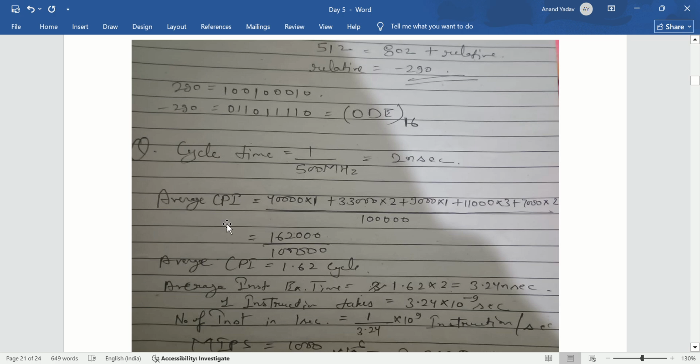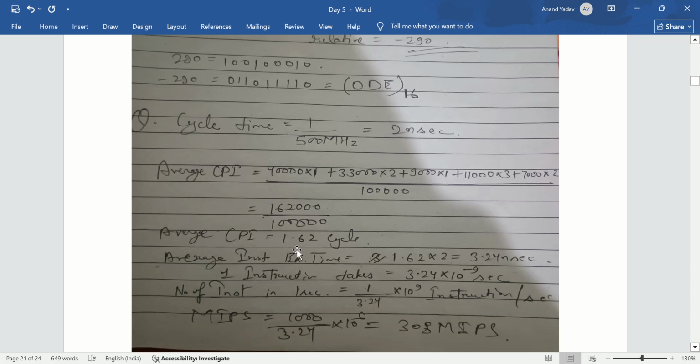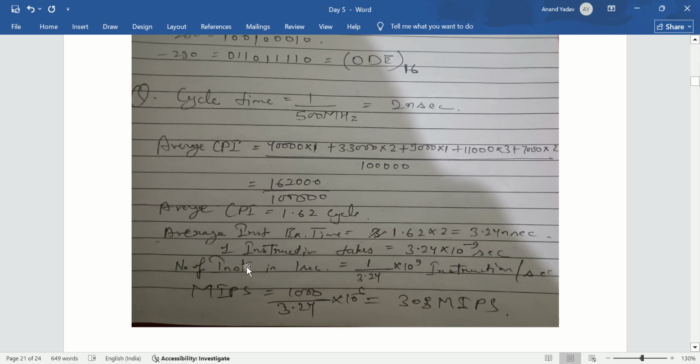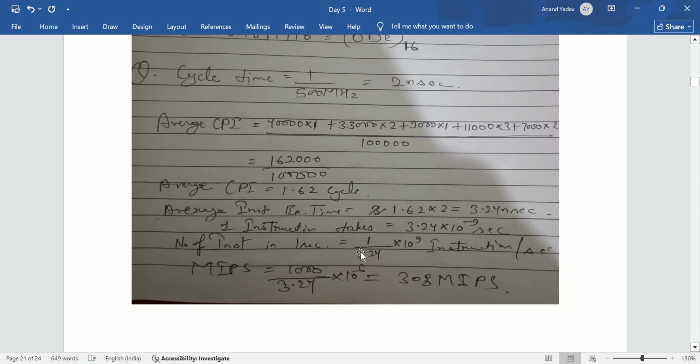I will get average CPI, 1.62 cycles. Average instruction execution time is 1.62 times 2, which is 3.24 nanoseconds. One instruction takes 3.24 times 10 raised to power minus 9 second. For number of instructions in 1 second, 1 by 3.24 times 10 raised to power 9 instructions per second.